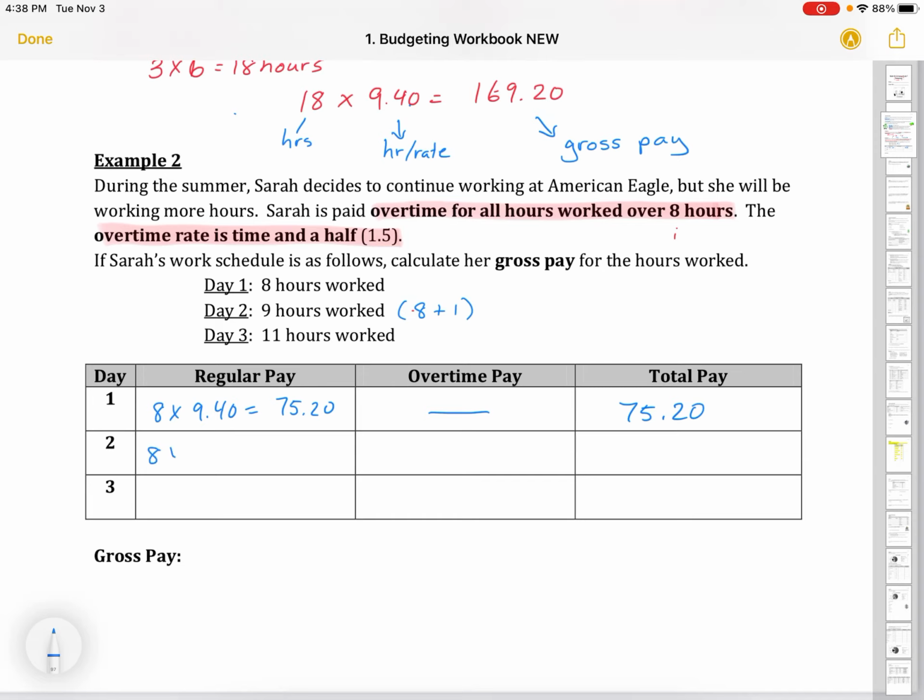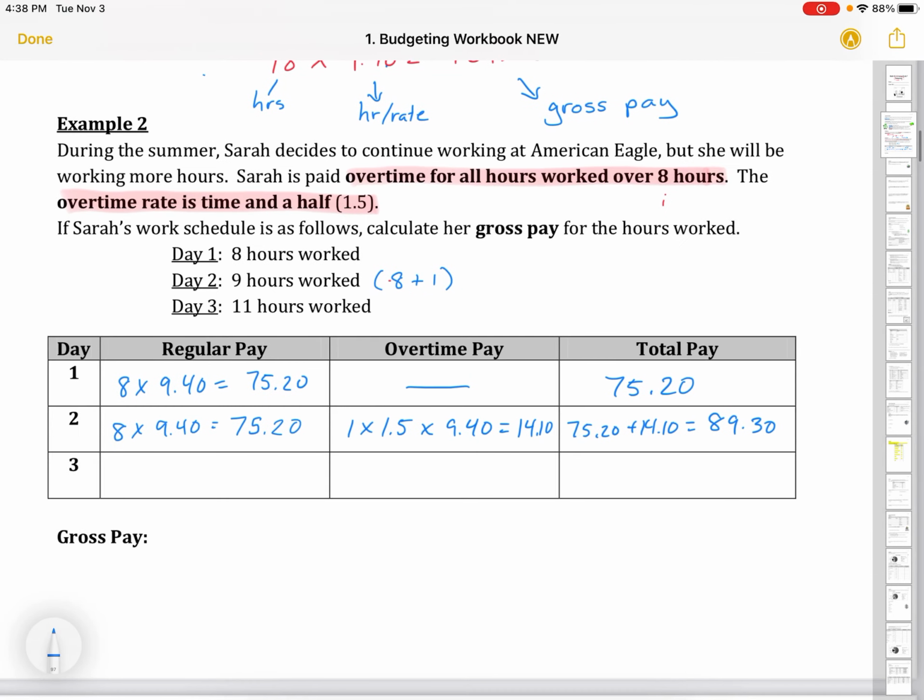The first 8 are at her regular rate, and that 1 hour is at the overtime rate, which is time and a half. So we times it by 1.5 times the 9.40, which equals 14.10. So her total pay for this day would be the 75.20 plus the 14.10, which is equal to 89.30.